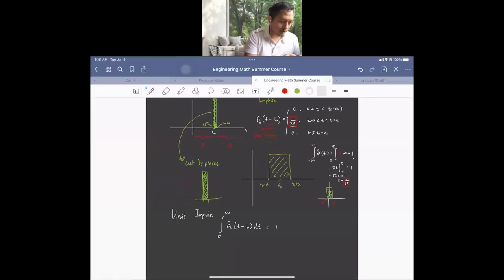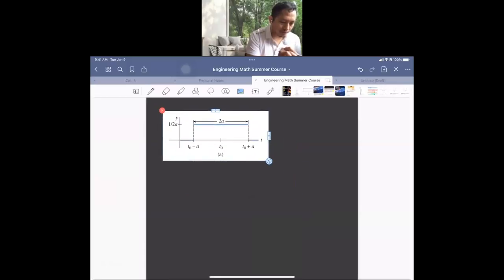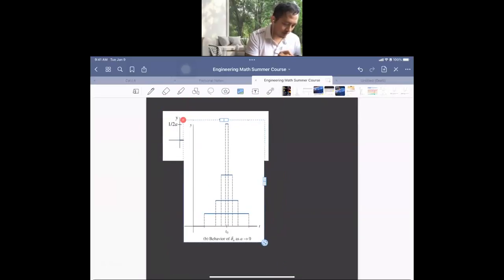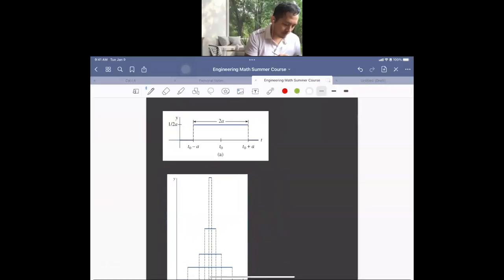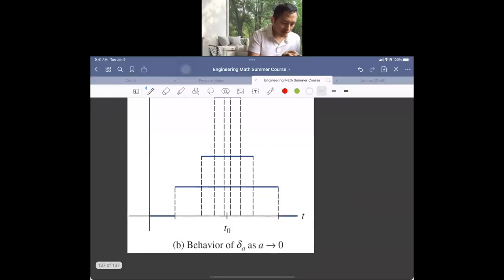Maybe let me just rephrase this in the new way that we have. Now this is actually how we can get the 1 over 2a. Because the integration is supposed to be equal to 1, we need to define the rectangle like this one.